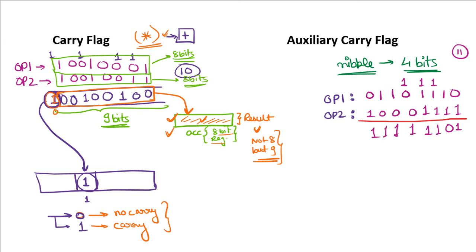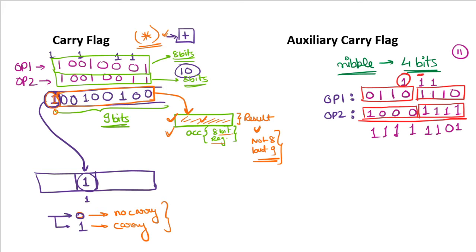Now one thing that you can see here is, if we divide each operand into nibbles, this 0 1 2 3, the third binary cell, when we do addition over the third binary cell for both the operands, we are getting one carry here.